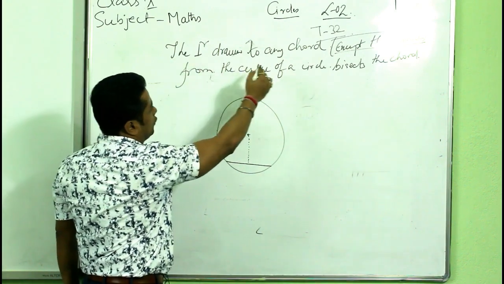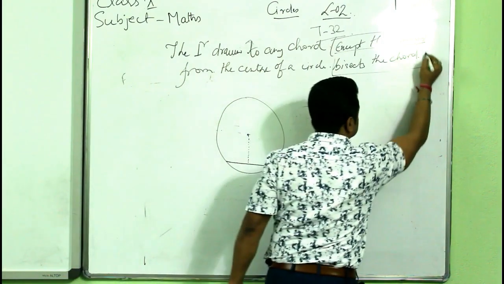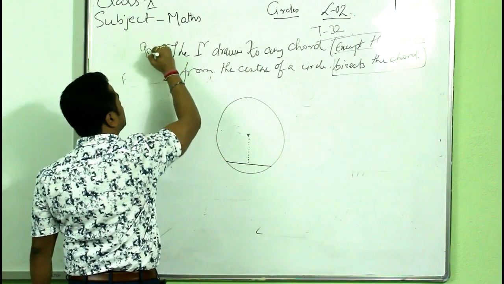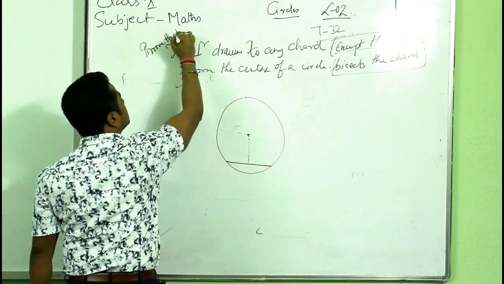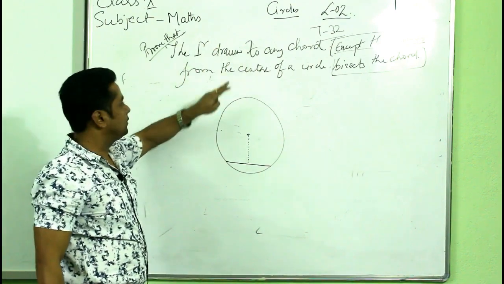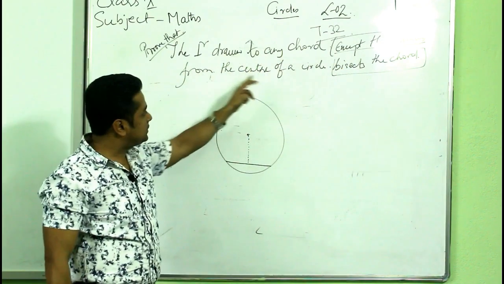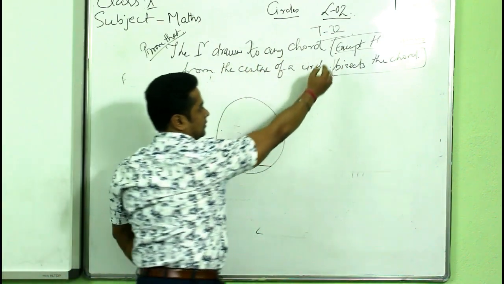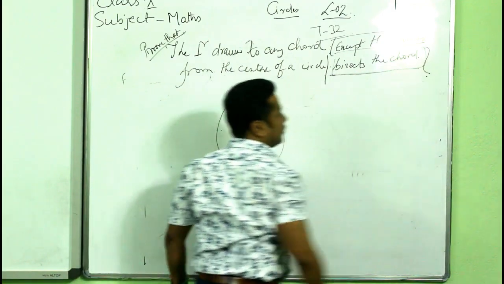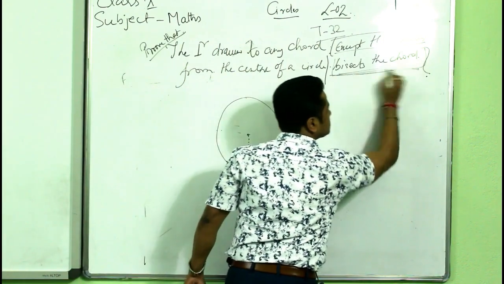The perpendicular drawn to any chord from the center of a circle bisects the chord. Now if you really want to learn the question of a theorem, just write "prove that" here. Now I am reading the question again. Prove that the perpendicular drawn to any chord from the center of a circle bisects the chord. So what is the question? This is the question.